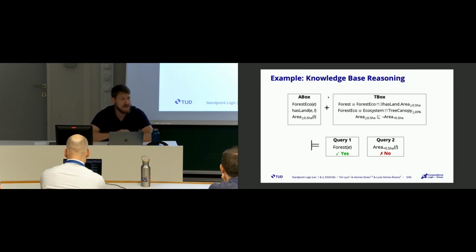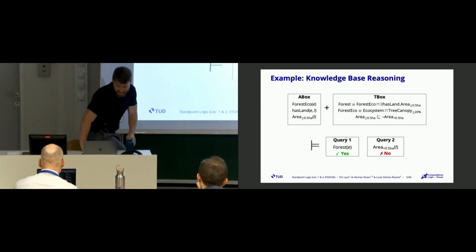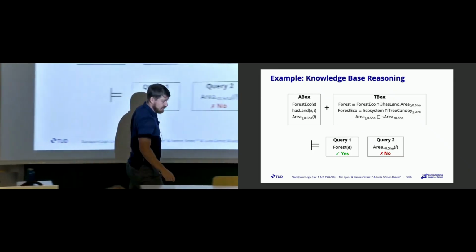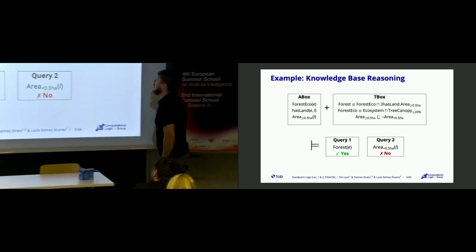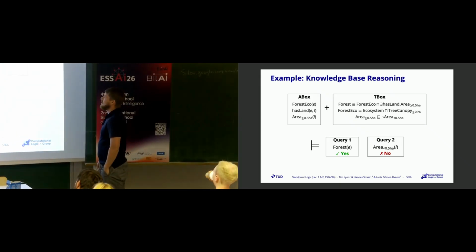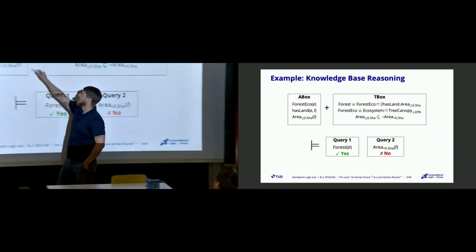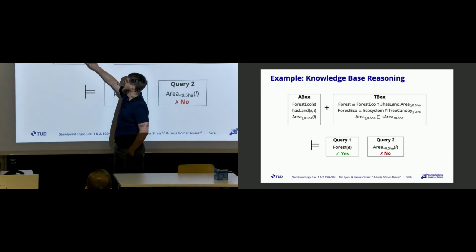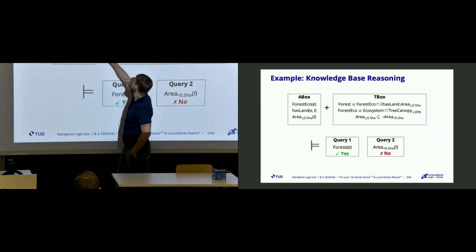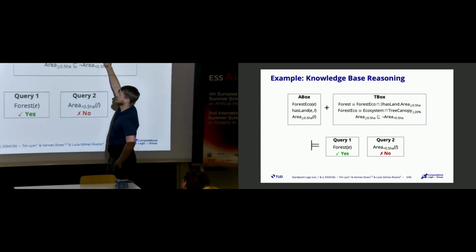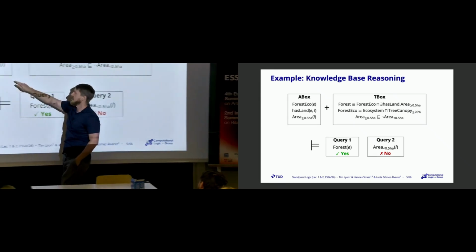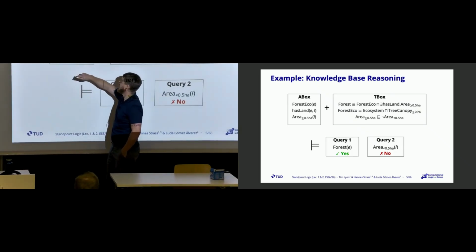And of course, as I mentioned, you can query it. You can ask this knowledge base questions. So we could, for example, ask if E is a forest according to this knowledge base. And it's not hard to see that that's true. We have that E is a forest ecosystem, and there is some piece of land that it's associated with, so there exists something that it's associated with such that its area is greater than or equal to half a hectare.